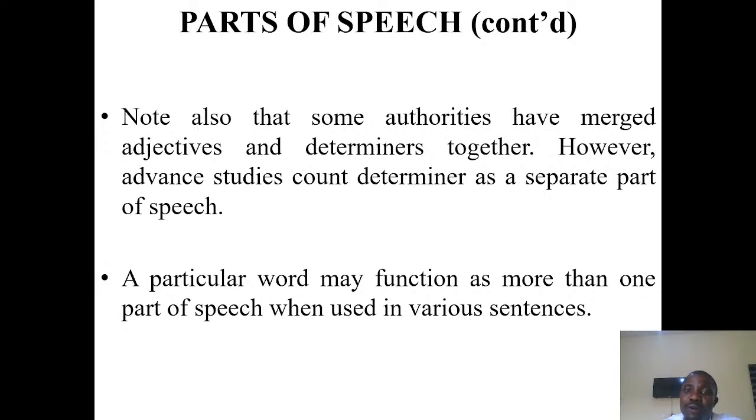Next, a particular word may function as more than one part of speech when used in various sentences. Even though we may claim that a particular word has its own role or position in the sentence, for instance, if we say the girl is good, the girl here is occupying the position of a noun, and because it has occupied the position of a noun, it is the subject of the verb.